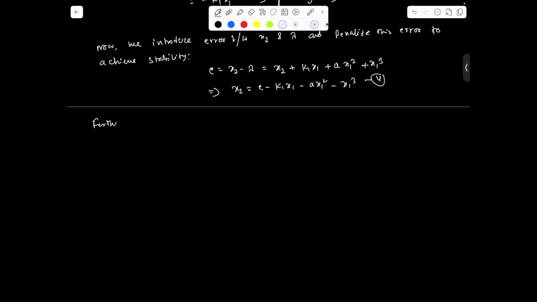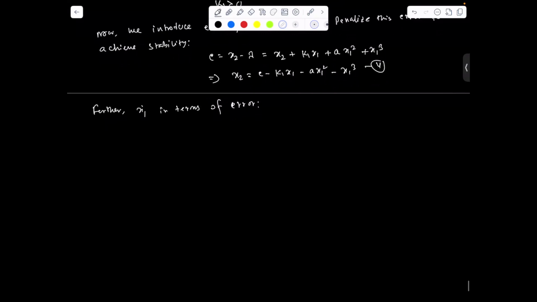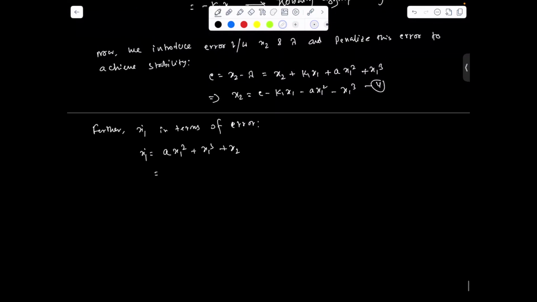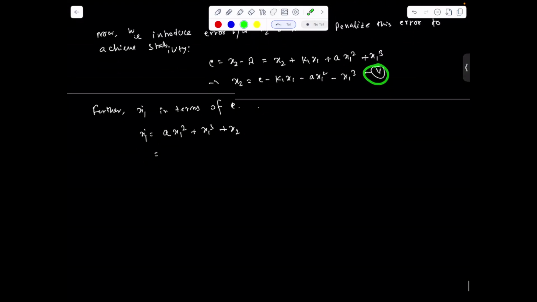Further, x1 dot in terms of error: we can write x1 dot equal to, already you have a x1 square plus x1 cube plus x2, and in place of x2 we can write the expression from equation 4.